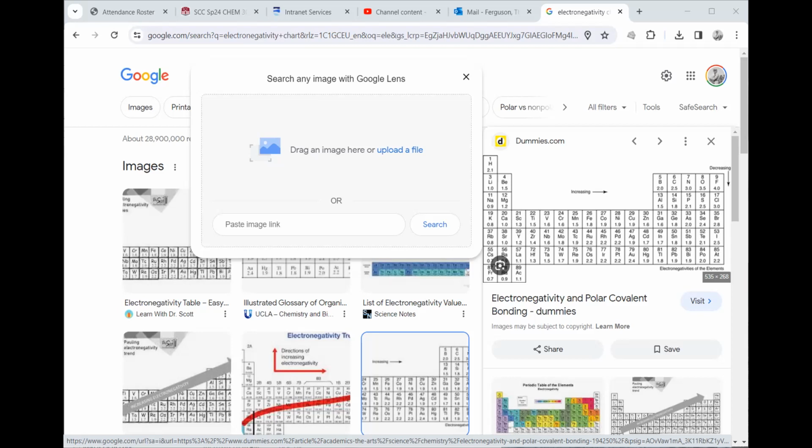If a bond is polar, it's said to possess a dipole. Di meaning two, pole or polarity. The higher that difference in electronegativity, the stronger the dipole.